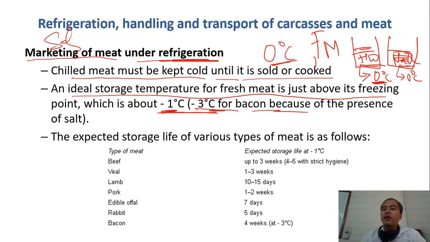Salt is dissolved in water, so do salt and water love each other or hate each other? Love each other. The salt dissolved in water means it has affinity with water, it holds water. It makes water more difficult to freeze, and more difficult to freeze means the freezing point should be lower.